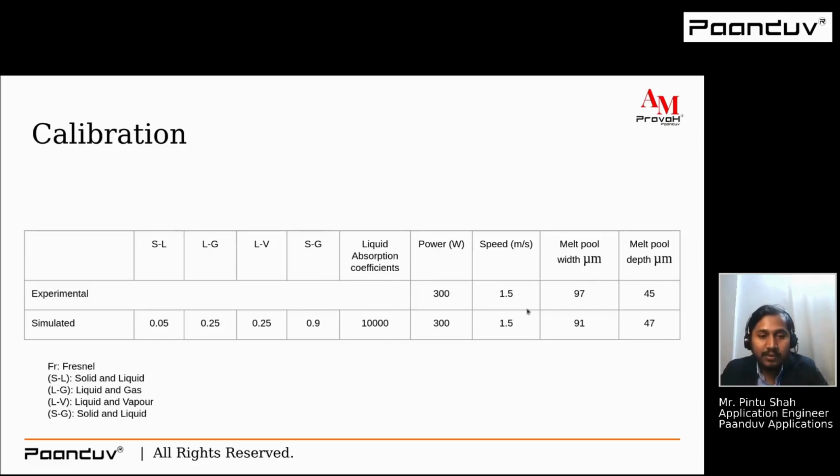After calibrating my system, SL was calibrated to 0.05, LG 0.25, LV 0.25, and SG 0.9, and the liquid absorption coefficient is 10,000, where the power and scan speed are the same. After that we got almost the same, or close, melt pool width and depth.